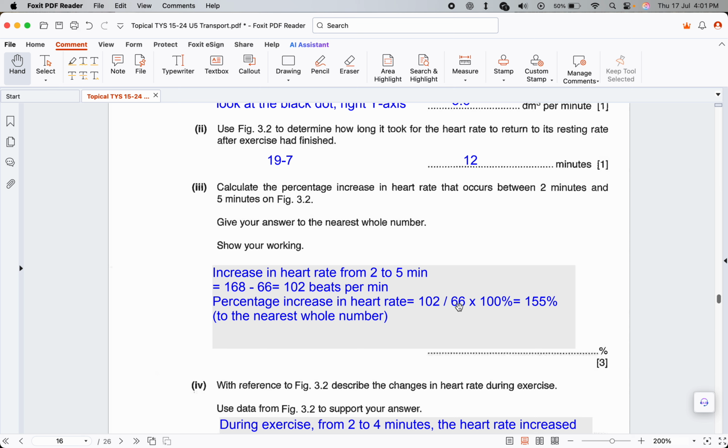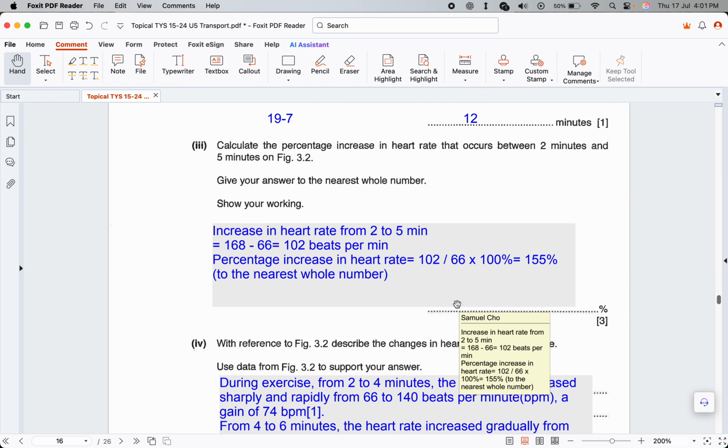It's just like asking what's the percentage change in your height from primary school to secondary school. So if in primary school you were 100 cm, and then in secondary school you're 150 cm, you just take 150 divided by 100. That means you grew by, how much, I also don't know, 50% or something like that.